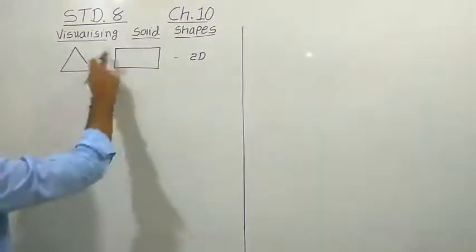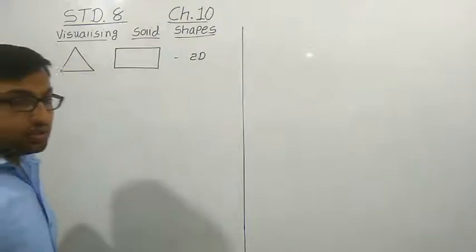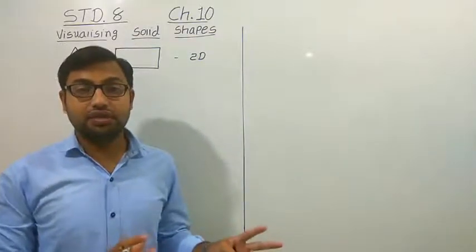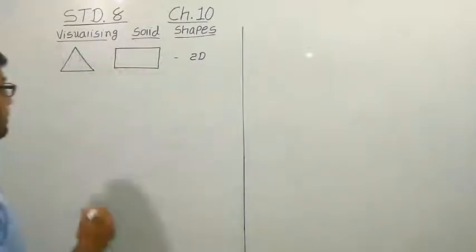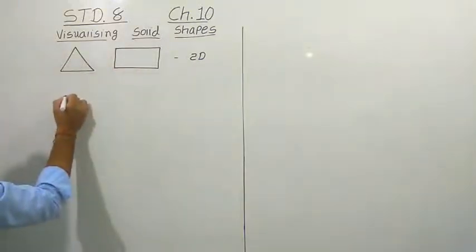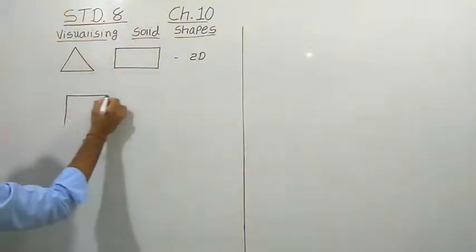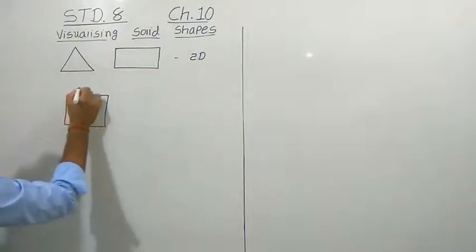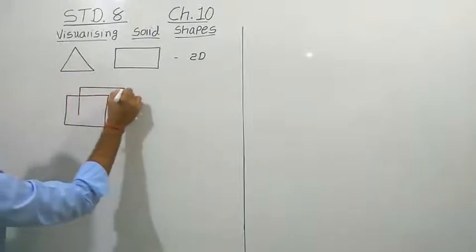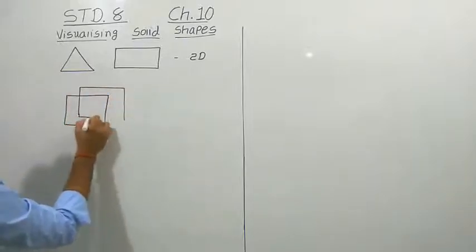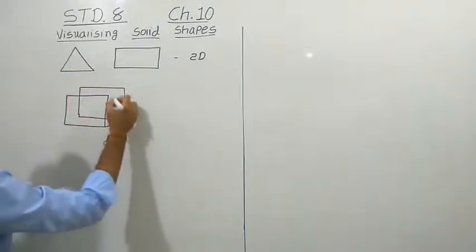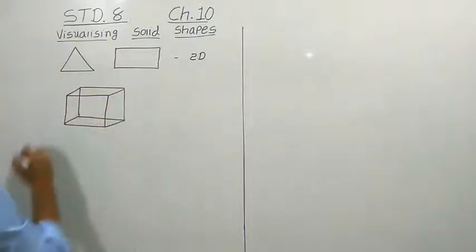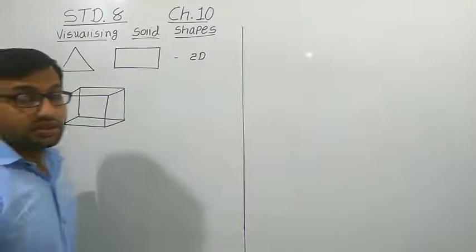Now solid shape means that kind of shape that we have taken as an example, the sphere and the cube. So if there is one kind of cube like this, then here we can see that this is the cube.